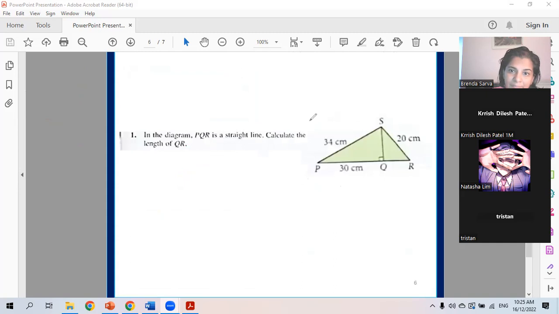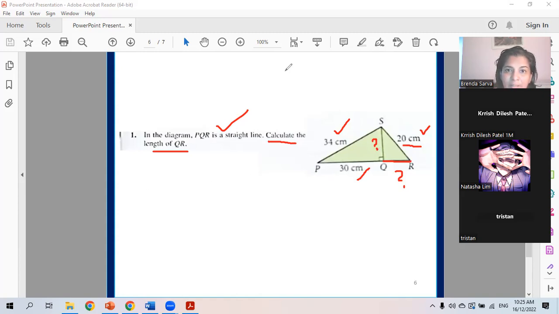In the diagram, PQR is a straight line. Okay, fine. Calculate the length of QR. They want you to calculate what is QR. So PQ is 30. PS is 34. And then QS you don't know, but SR is 20. Can you see there are two triangles here?